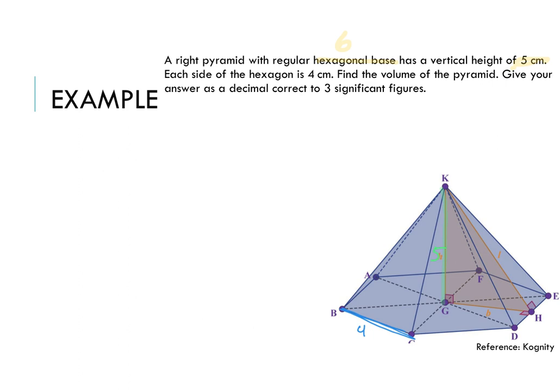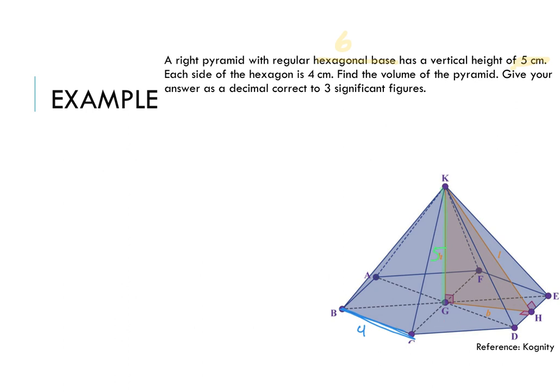Some of you might remember from previous geometry classes that there is a formula to find the area of regular polygons. However, this formula is not in the AI course and it's not in the formula booklet, so you will never have to use it.